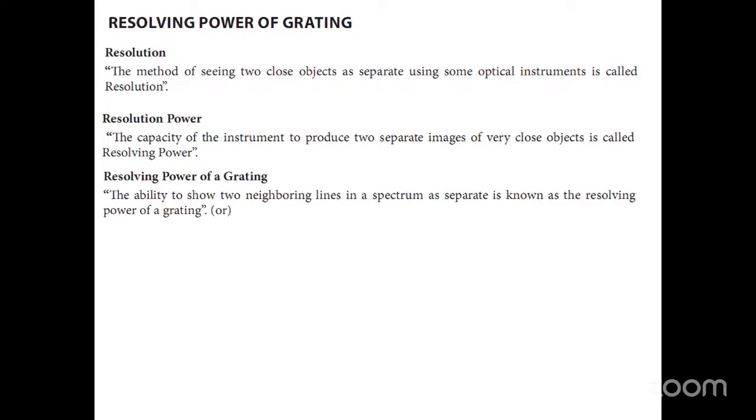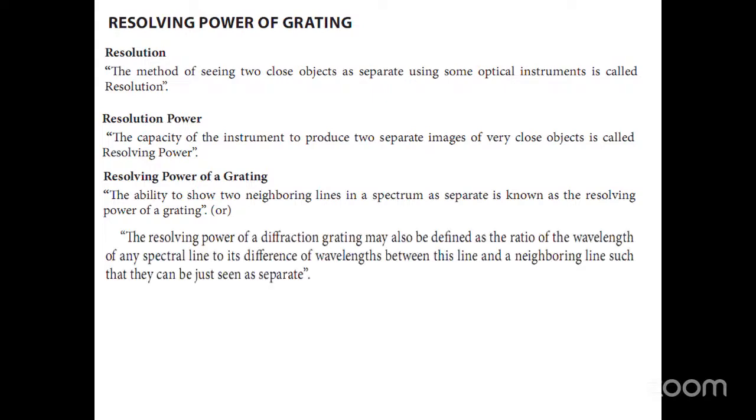So what do you mean by resolving power of grating? The ability to show two neighboring lines in a spectrum as separate is known as the resolving power of grating. Another definition is that the resolving power of a diffraction grating may also be defined as the ratio of the wavelength of any spectral line to the difference of wavelengths between this line and the neighboring line, such that they can be just seen as separate.